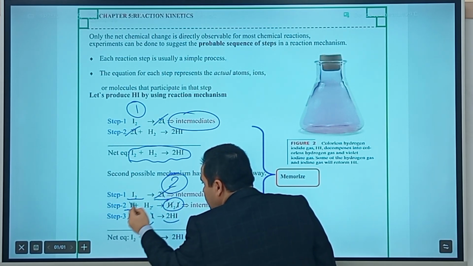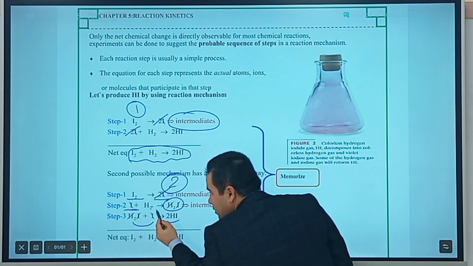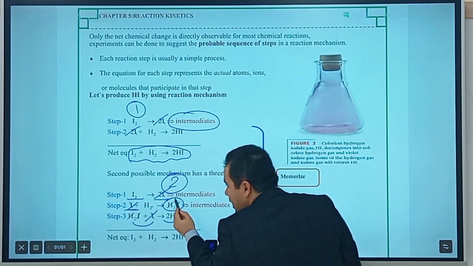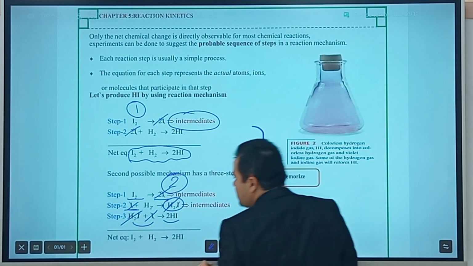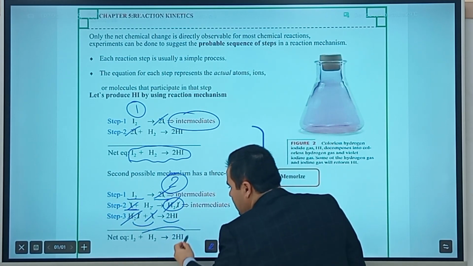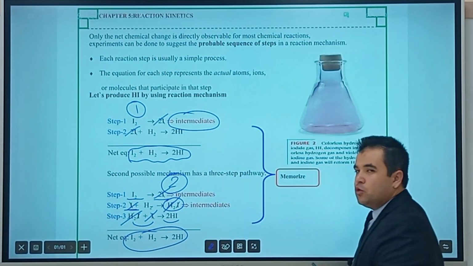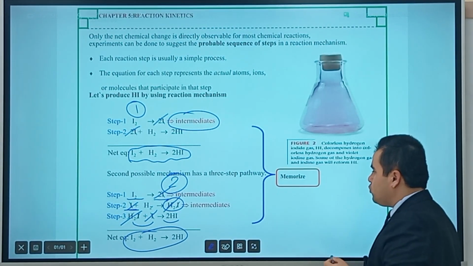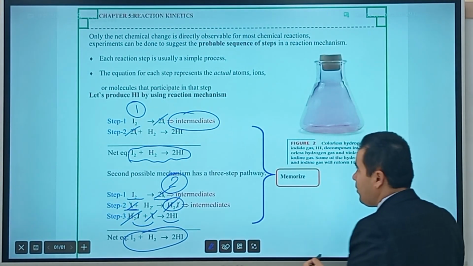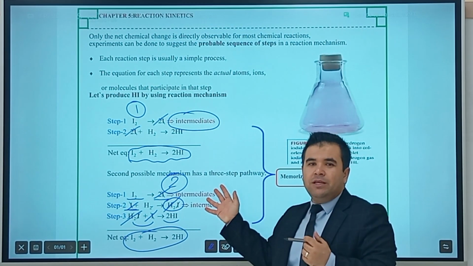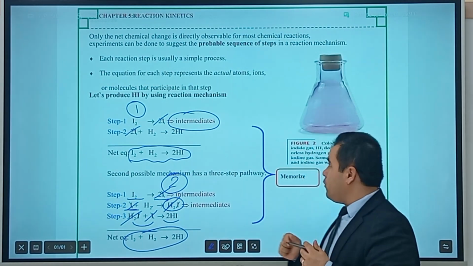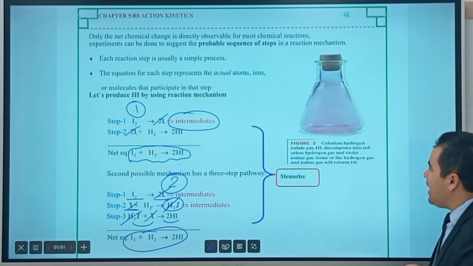So here the I plus I, 2I, cancels with the 2I, and H2I cancels with H2I. You get the same net equation, I2 plus H2 to form 2HI. Guys, you have to memorize these two mechanisms of formation of HI.